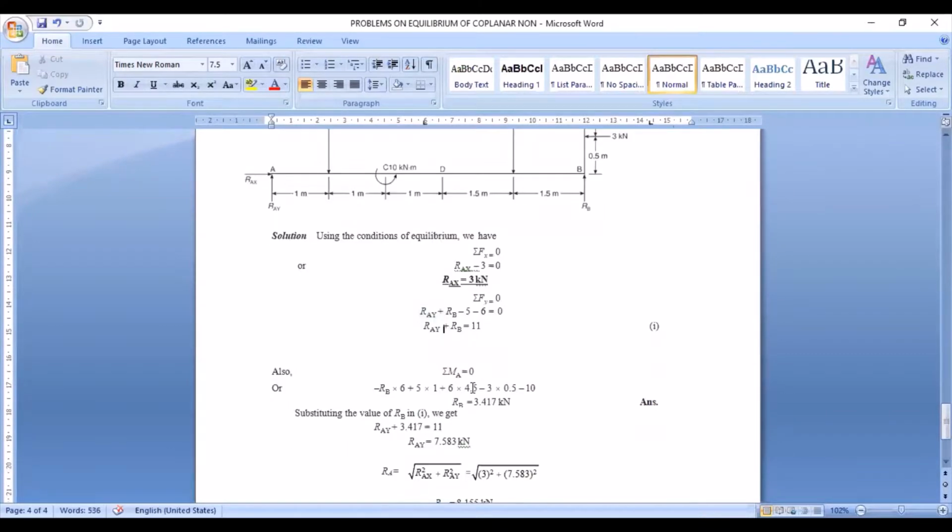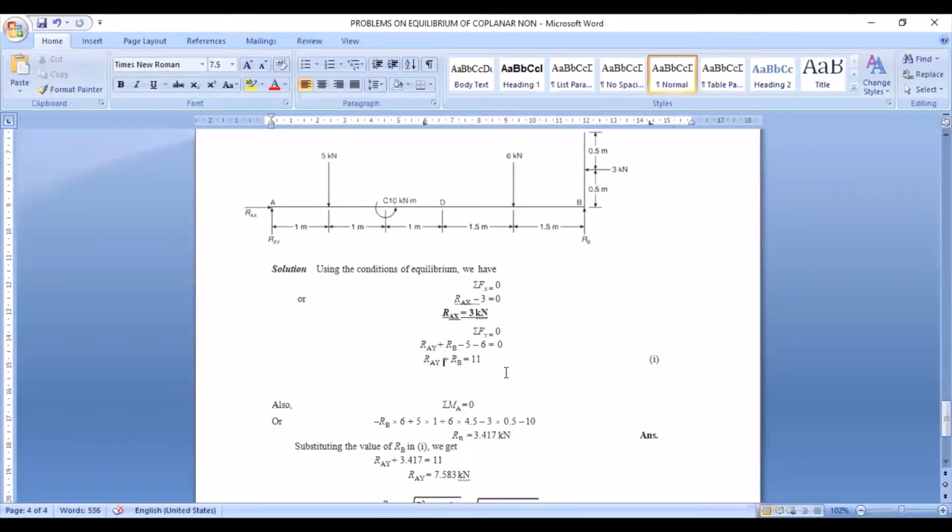Now we have the third equation of equilibrium, that is sigma moment. If you apply this sigma moment, we shall apply it at such a point where the number of unknowns will become 0. So we will apply it at point A. Before applying the moment, you are supposed to count how many total forces there are. 1, 2, 3, 4, 5, 6 and 7.